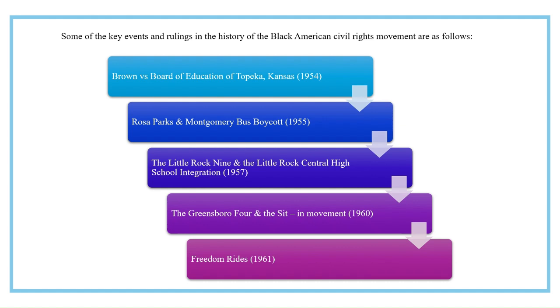Fifth, Freedom Rides, 1961. On May 4, 1961, Freedom Riders, a group of 7 African Americans and 6 white people, boarded two buses bound for New Orleans.